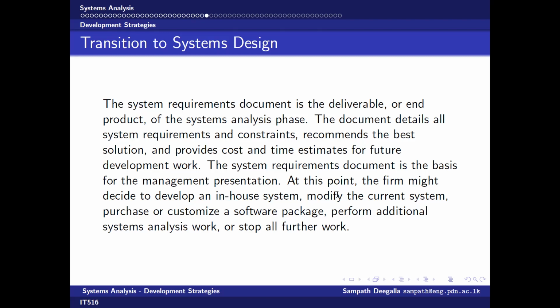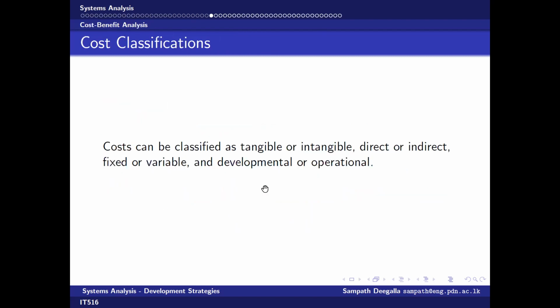So this will be the basis for the management presentation, and then the firm can decide whether to develop in-house, whether to modify the current system, or whether to purchase a software package, and so on, right? So you actually depend on this.